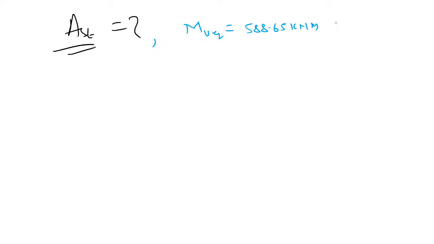You have the grade of concrete, grade of steel, all such things here. So now the only task is to calculate the area of steel. So tell me, how can you calculate the area of steel?